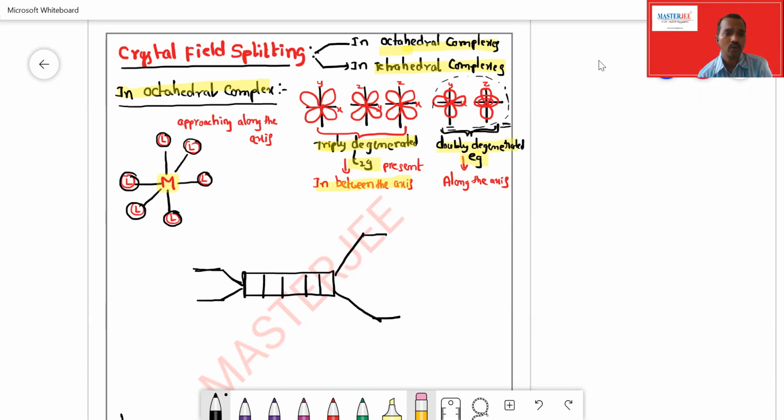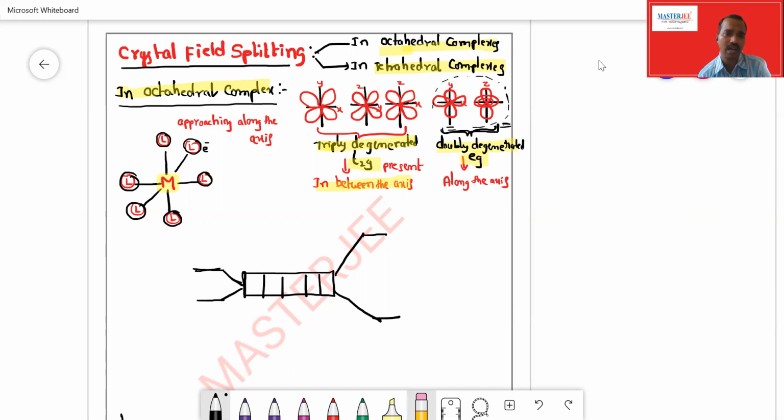So because of the presence of these eg orbitals, dx²-y² and dz², along the axis, and ligand orbitals being nothing but electrons, that means they are negatively charged species, right or not? So when these negatively charged species approach the central metal atom, these eg orbitals are also present in the same way.